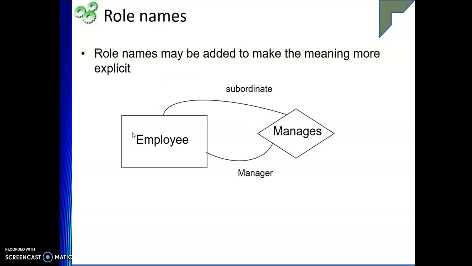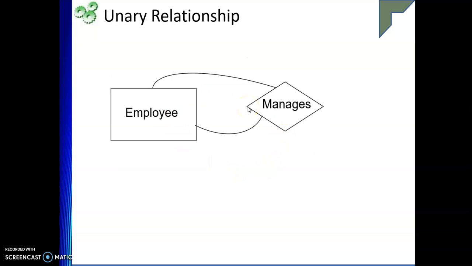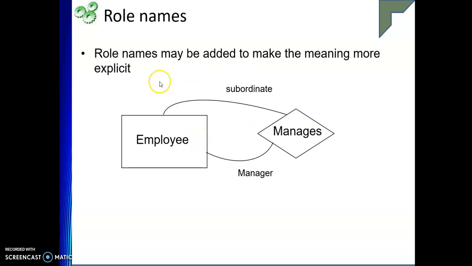When you talk about this relationship, some meaning has to be associated with it, because we are not able to understand it otherwise: we are managing that employee. So we give some names, which we call role names, which explicitly give us the meaning of this relationship. Someone who will manage the employee will be the manager.